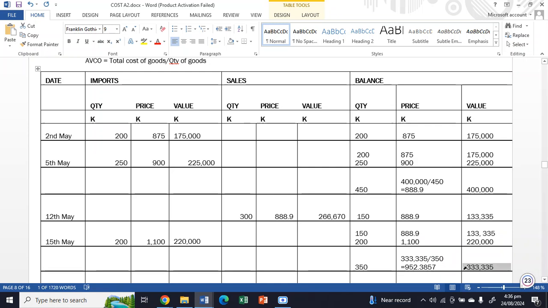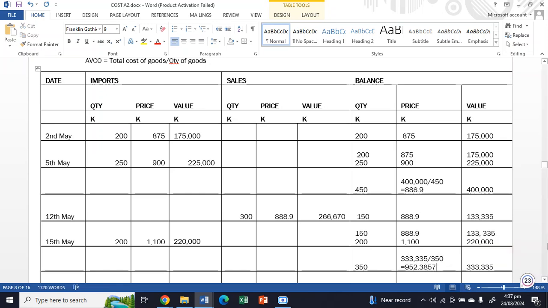So you divide the total cost, 333,335, by 350. Our average cost is 952.3857. For here, when rounding off, I would advise you can round off to two decimal places.